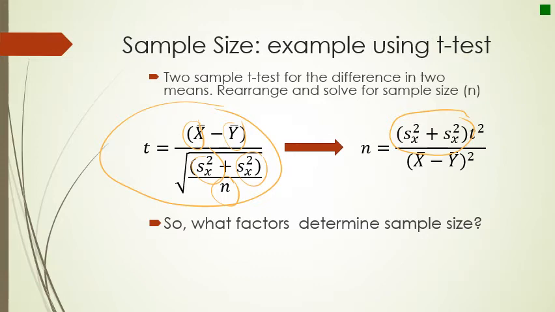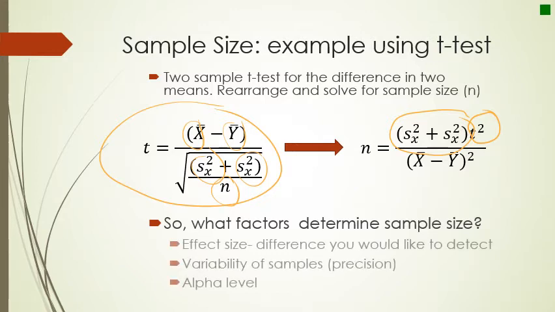You also see that sample size increases as a square of the t value that you use, and that's determined by the alpha value that you choose. If you choose a smaller alpha, your t value will be larger, and therefore in order to test your hypothesis at that particular significance level, you're going to need a larger sample size.